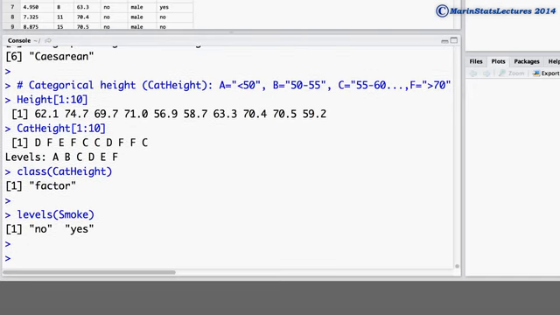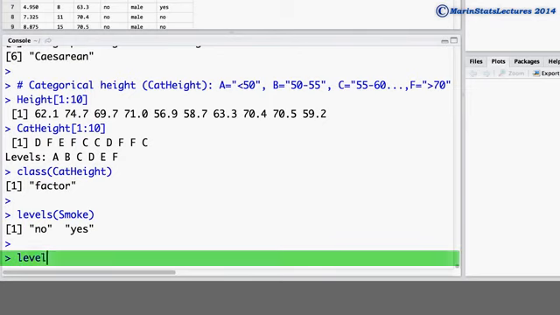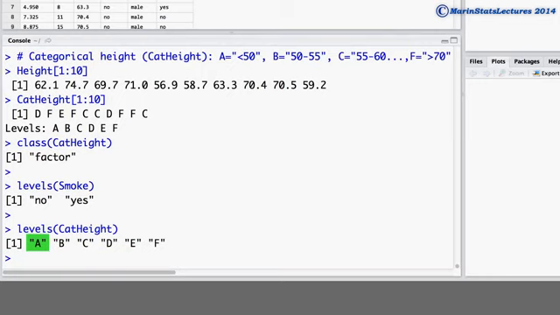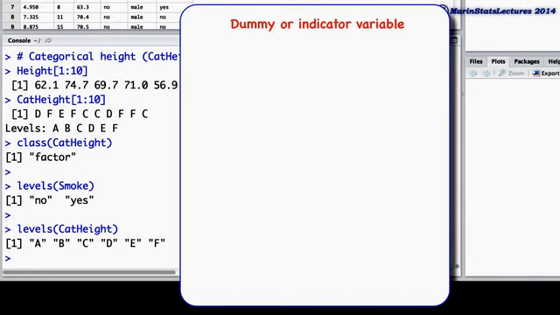Now, let's go over this same idea, but this time using the categorical height variable. You'll notice that categorical height has 6 levels, therefore we will need 5 dummies or indicators to represent this. We can create an indicator or dummy, we'll call it xB, and we will set this equal to 1 if the individual is in height category B and 0 otherwise.